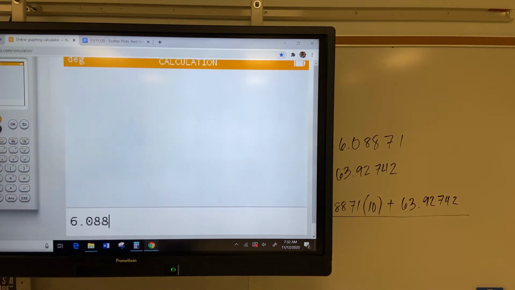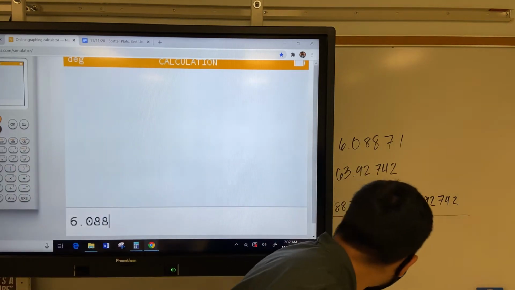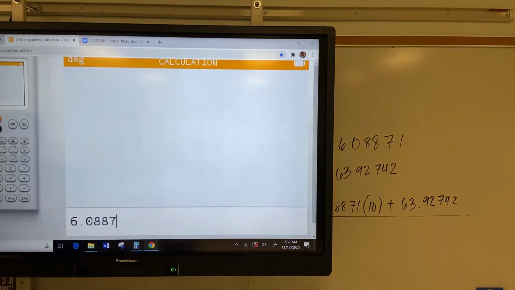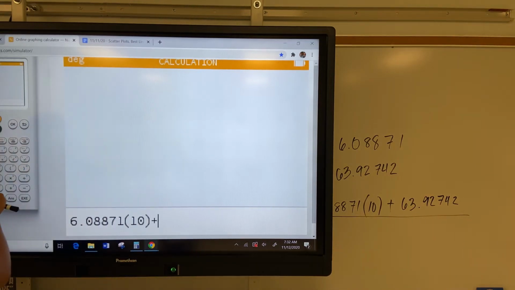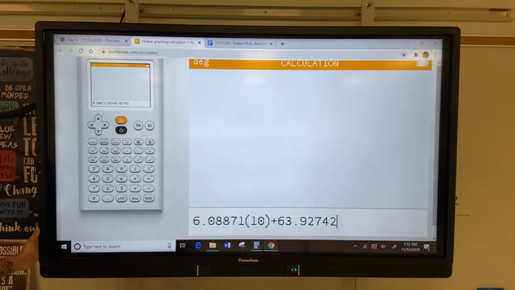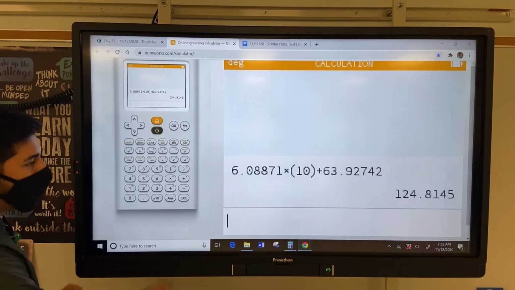6.08871, parentheses 10 plus 63.92742. All right, put it in the calculator. It should look nice and neat. Press enter.